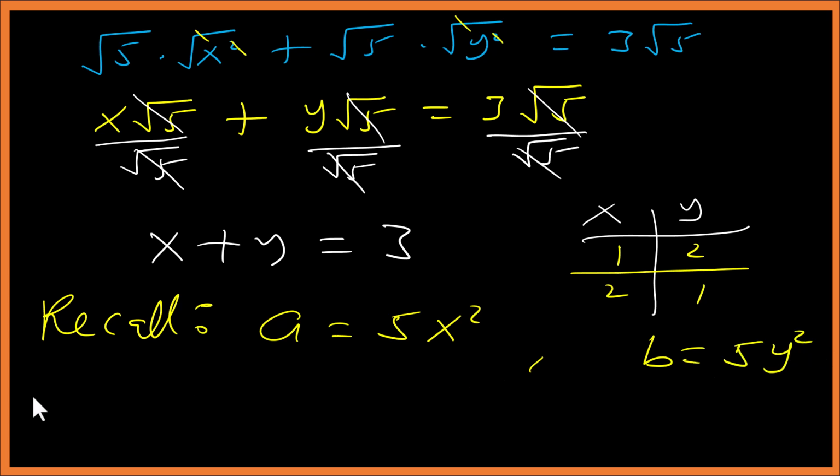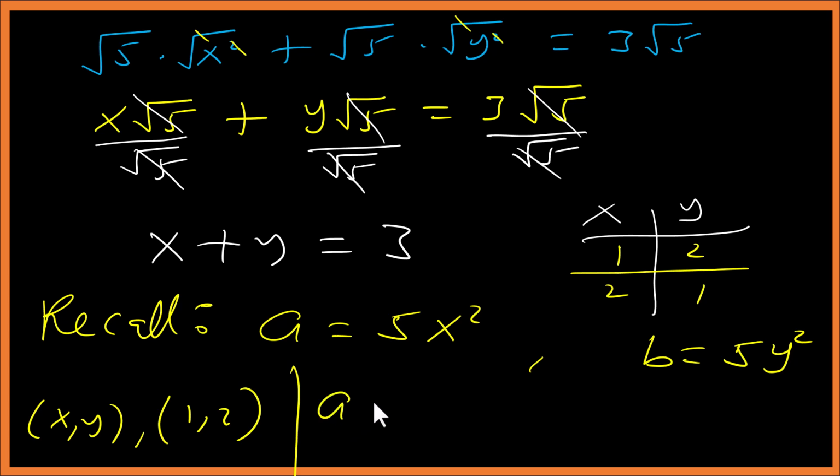Now let's start with the first pair, that is 1, 2. When x is 1, y is 2, so if I plug in, 1 squared times 5 gives a equals 5, and this side 4 times 5 is 20, so b is 20. So when x is 1, y is 2, we have these answers.